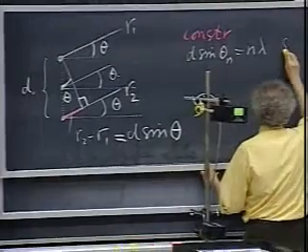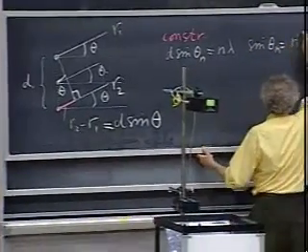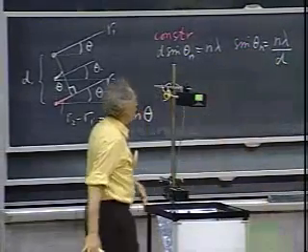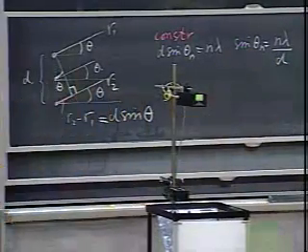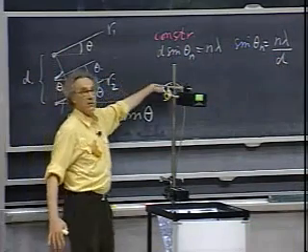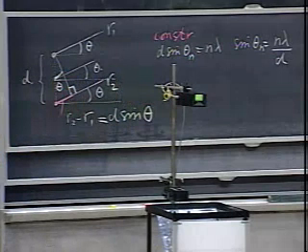In other words, that the sine of theta n is simply n lambda divided by d. And that uniquely defines all those directions, a whole zoo of directions, n equals 0, that is the center line, n equals 1, n equals 2, n equals 3, and so on.